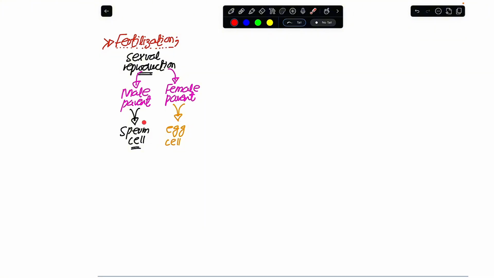So it is important that the sperm cell and the egg cell, which the male and female parents have made, fuse with one another. That fusion of the sperm cell and the egg cell is what we refer to as the fertilization process, and we will see in detail what the mechanism of fertilization looks like, and how the post-fertilization events occur within the female reproductive tract.